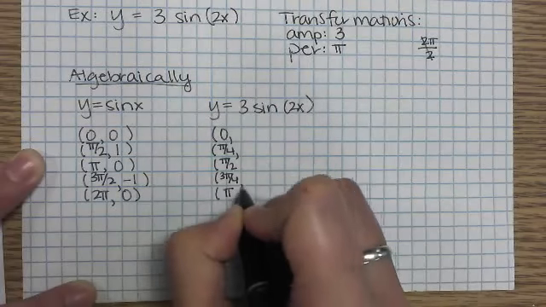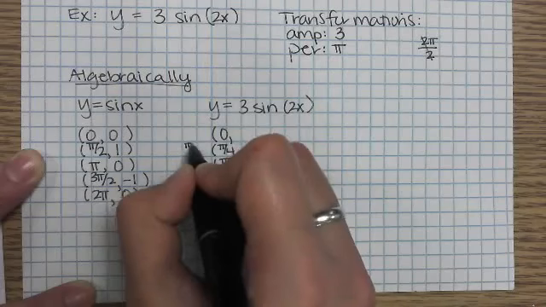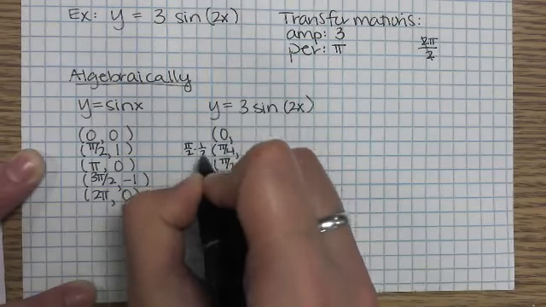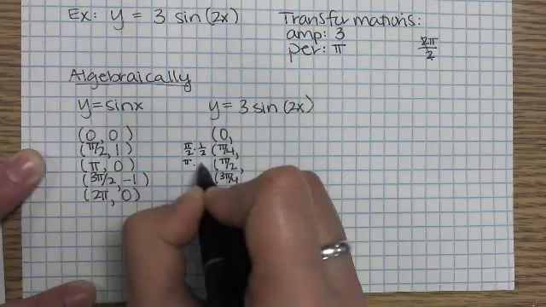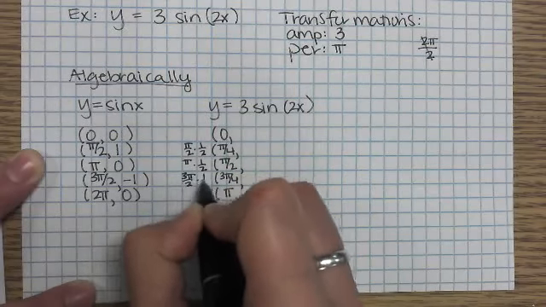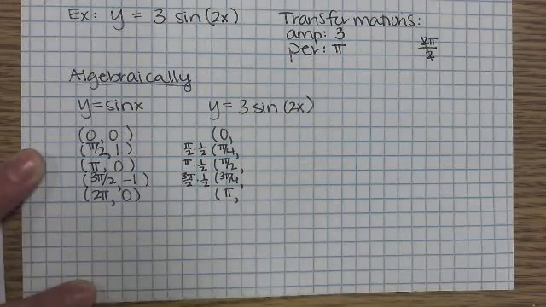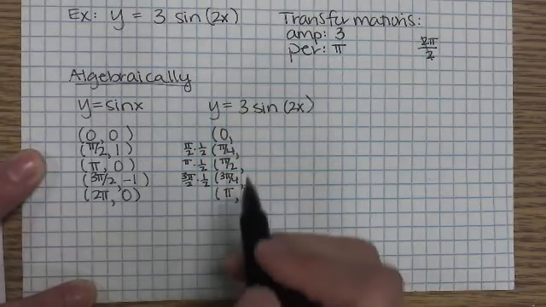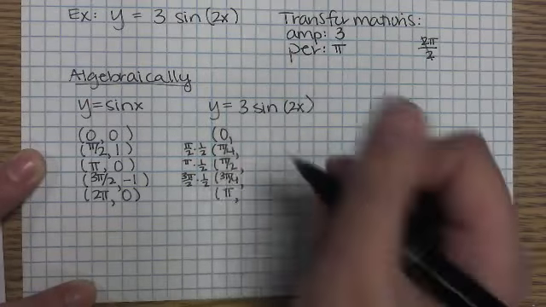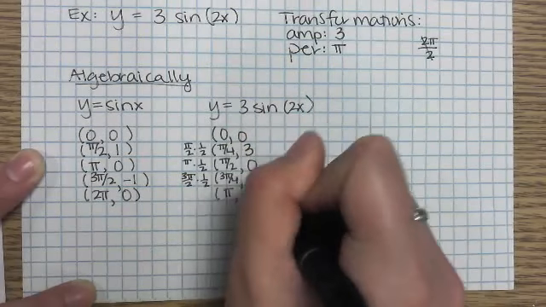And if that's too much to do in your head, you could always do pi over 2 times 1 over 2, and pi times 1 over 2, and 3 pi over 2 times 1 over 2. If you write it out off to the side, showing your work, then you can see how those would all simplify. And then I'm going to take my y-coordinate and multiply it by 3. So 0, 3, 0, -3, 0.